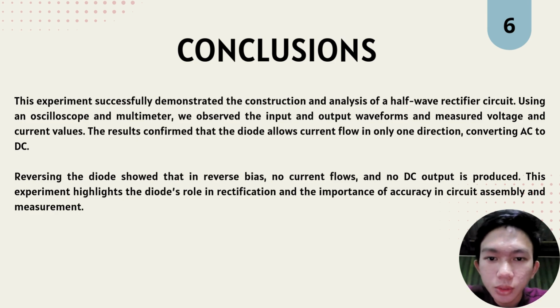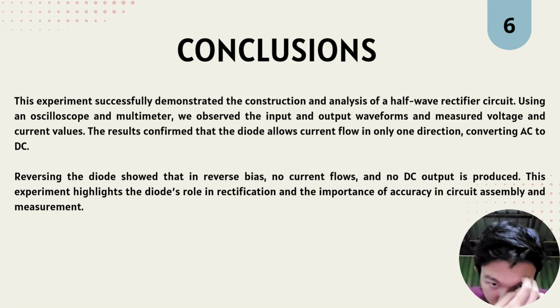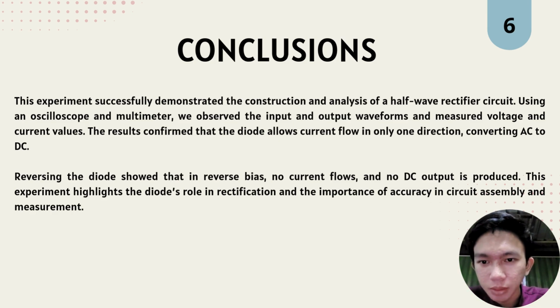The result confirmed that the diode allows current flow in only one direction, converting AC to DC. Reversing the diode shows that in reverse bias, no current flows and no DC output is produced. This experiment highlights the diode's role in rectification, and the importance of accuracy in circuit assembly and measurement.